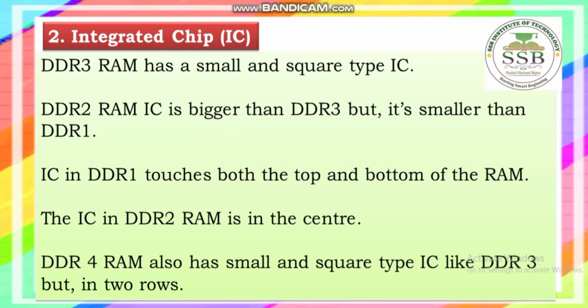The IC in DDR2 RAM is in the center. DDR4 RAM also has a small and square type IC like DDR3 but in 2 rows. So all these differences you can remember, but most important is how you remember all this.